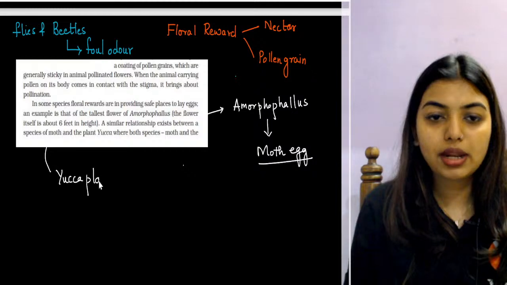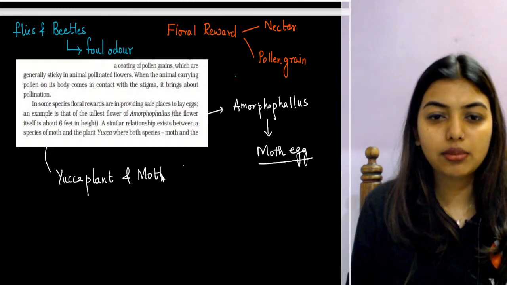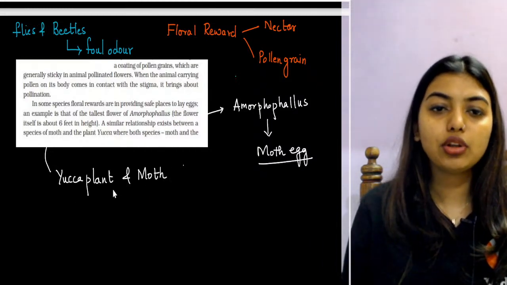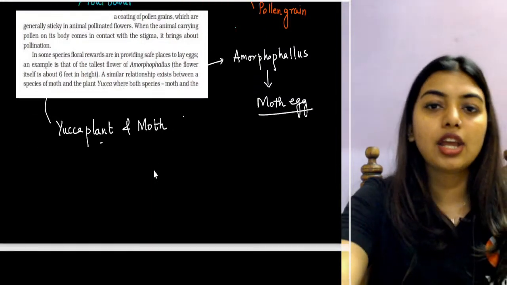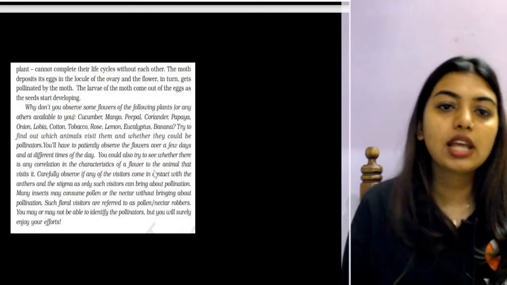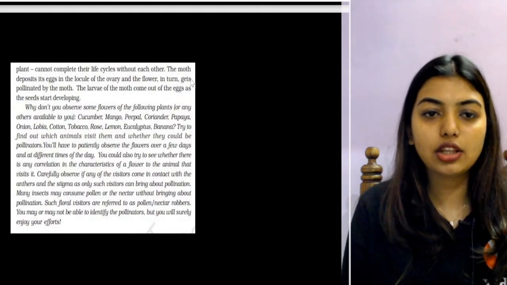Yucca plant and moth, Pronuba moth. Yucca plant and moth also have a symbiotic relationship. They'll help each other. What they're going to do, students, the moth will deposit its egg in the locule of the ovary.